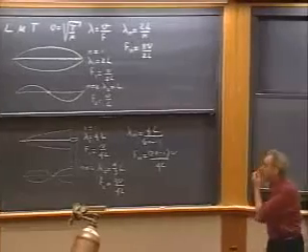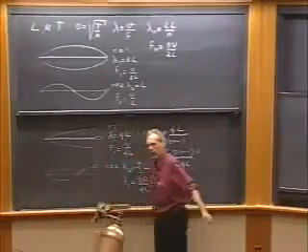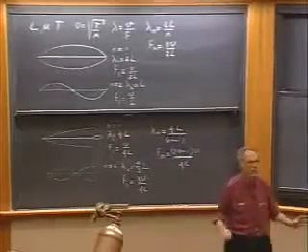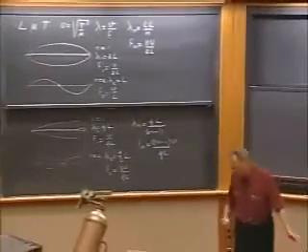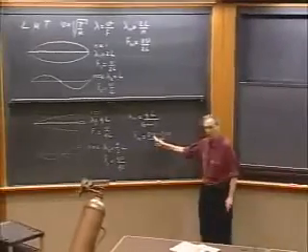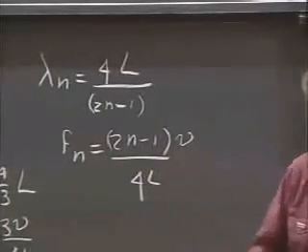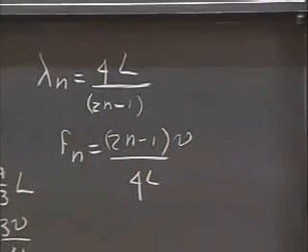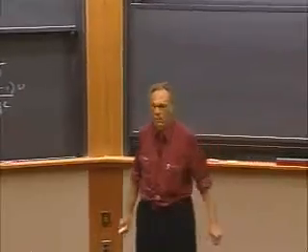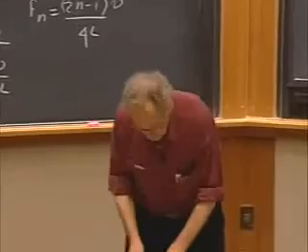So, for instance, if that were 100 Hertz, with the same length here, you would get 50 Hertz, if all other things are the same. And then the second harmonic would be 150 Hertz, because if n becomes 1, you get a 1 upstairs. If n becomes 2, you get a 3 upstairs. So now the ratio is 1, 3, 5, 7. Whereas there the ratio is 1, 2, 3, 4, etc.